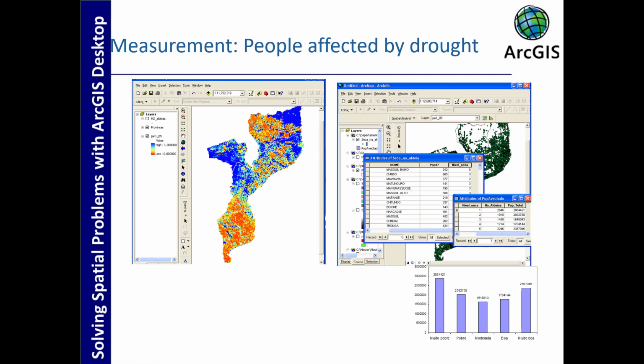Each settlement will fall in a level of drought. And because the settlement has a population, I can summarize and see how many people are in each level of drought. So in this situation, I can estimate the number of people that are in danger of drought that will need humanitarian assistance.